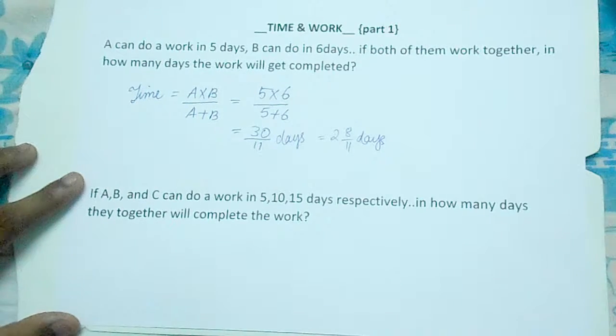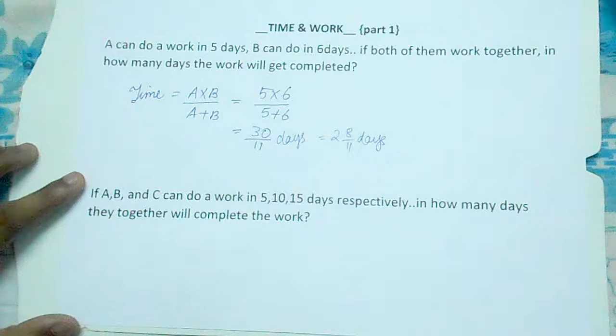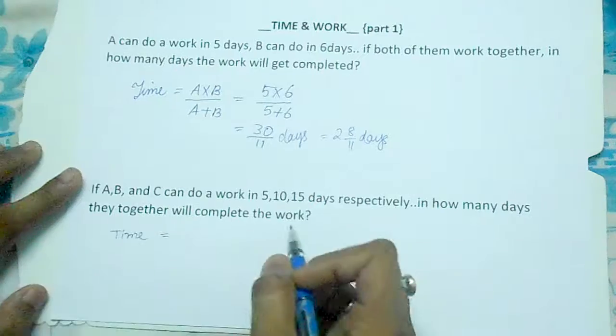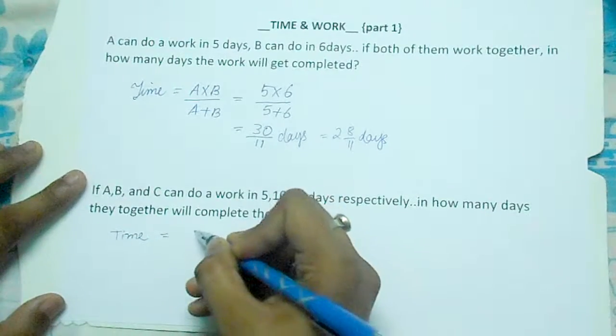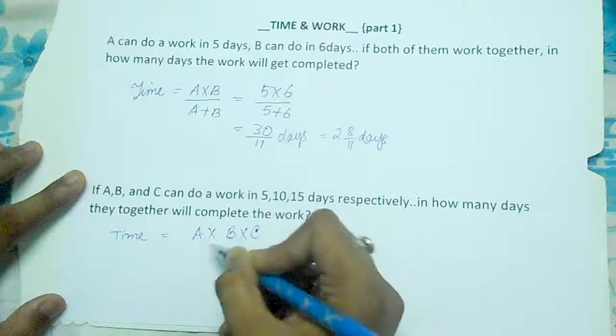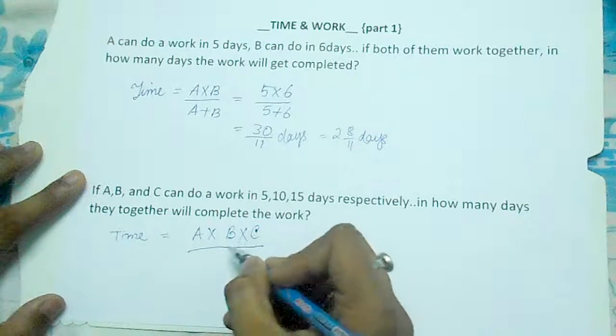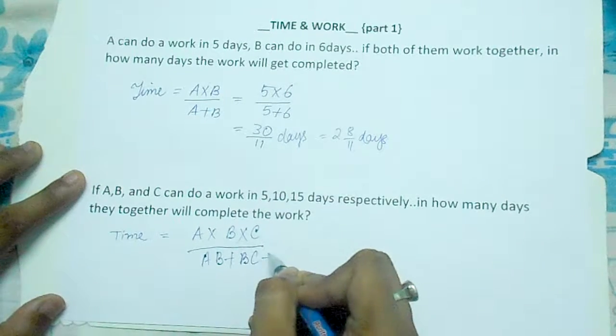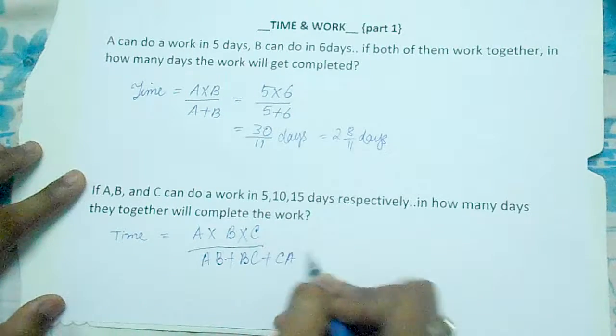So the next sum states that if A, B and C can do a work in 5, 10 and 15 days respectively, in how many days will they complete the work? So here the formula is time equals A into B into C divided by AB plus BC plus CA.